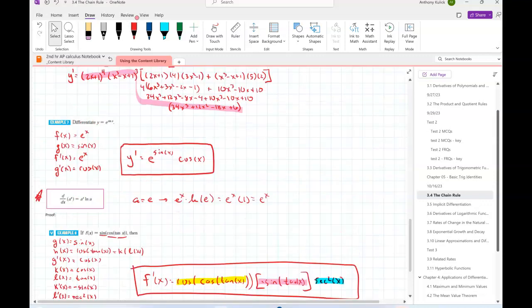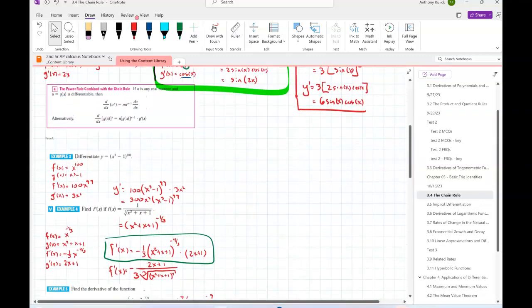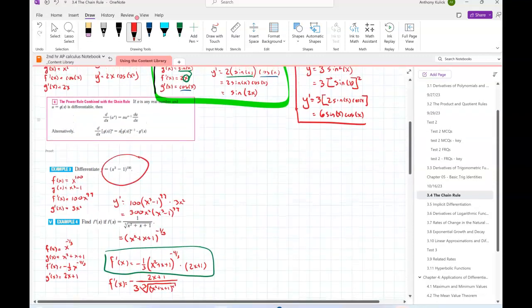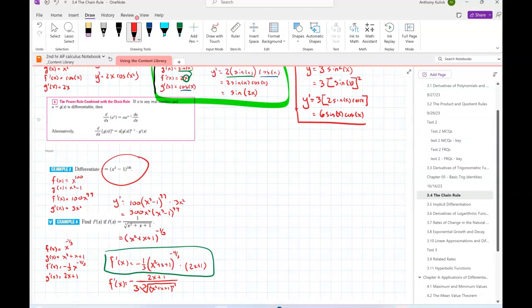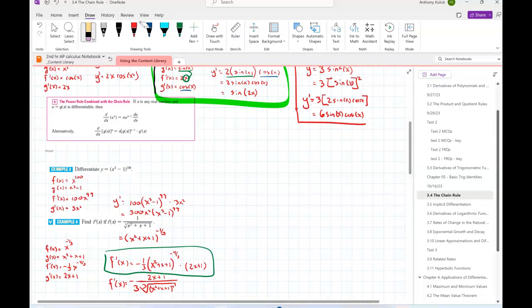Like we've done things like x cubed minus 1 to the 99 or the 100th. We've done stuff like that where we FOILed it out and then did the derivative of it. We can now just skip the foiling out and just do a chain rule on it. Or if it's a small exponent like a 2 or a 3 and you would rather just grind it out, you can still do it that way.